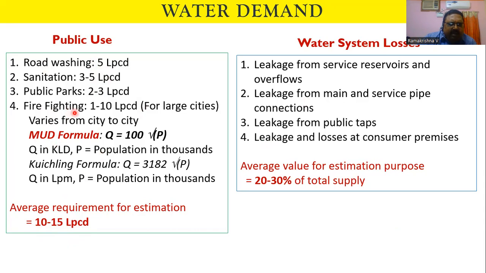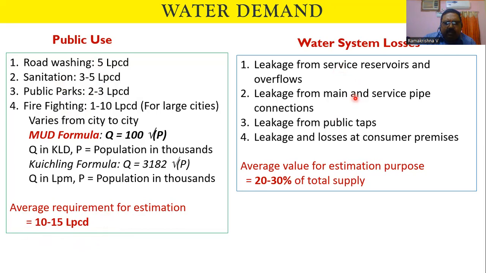But remember, firefighting is required only during summer, particularly, not every time. But road washing, sanitation, and public parks are maintained throughout the year. And that's why we have to take an estimate covering the overall water requirement here. And then per person, or per capita, we need to have this much.